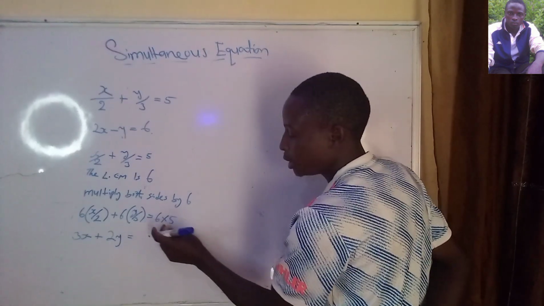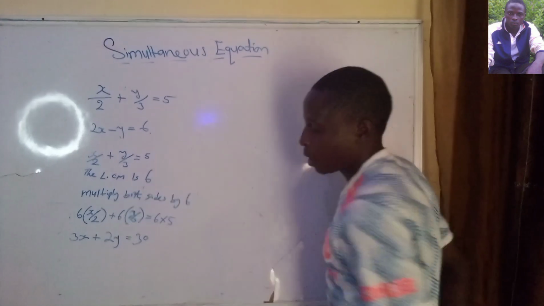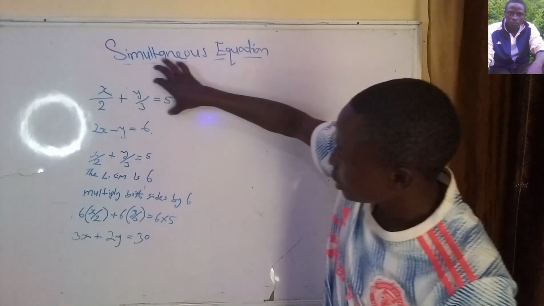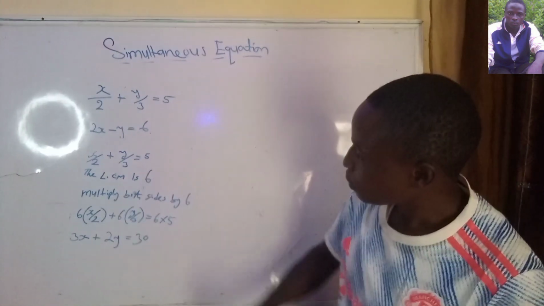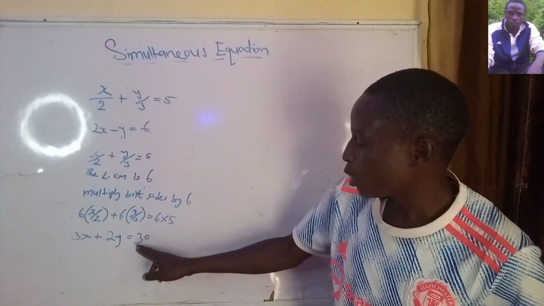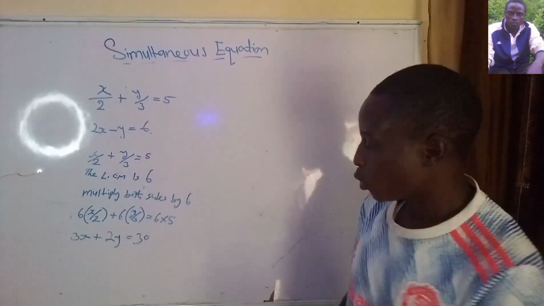Is equals to 6 times 5, this is 30. This equation now, that is in fractional form, is now simplified to 3x plus 2y equals to 30, which is the normal form of simultaneous equation.